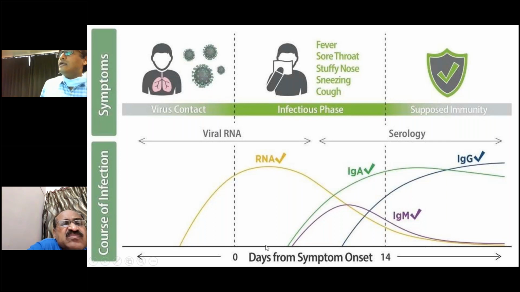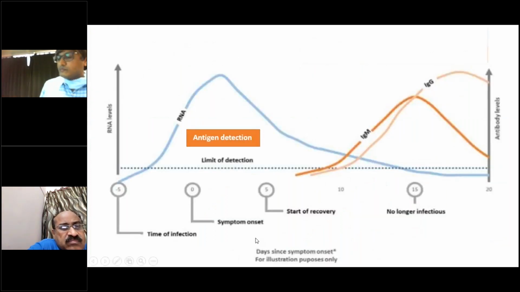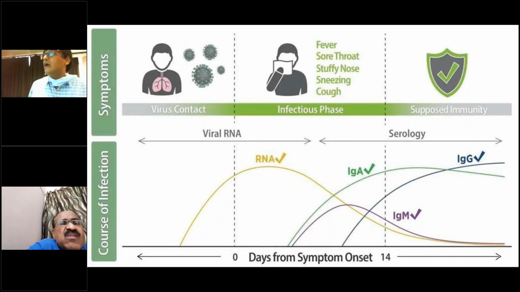And in the middle, around 5 to 7 days after onset of symptoms, the first antibody to appear is IgA, which has high significance for disease outcome and severity of the infection.